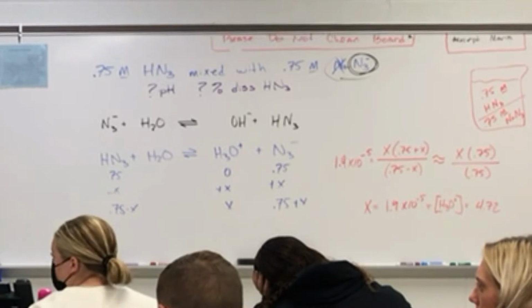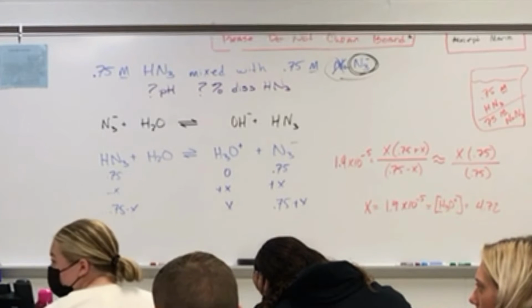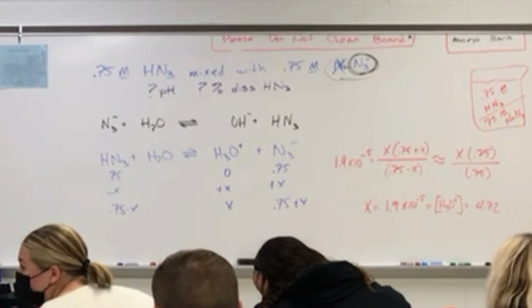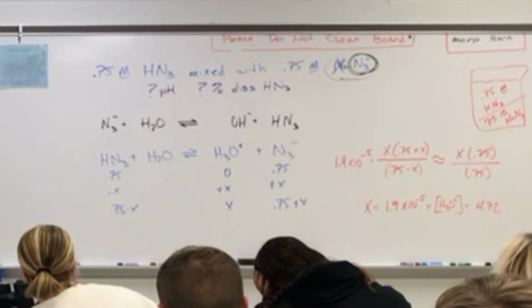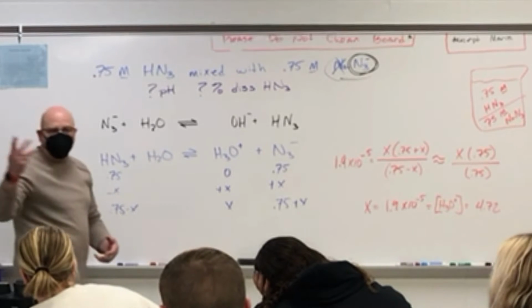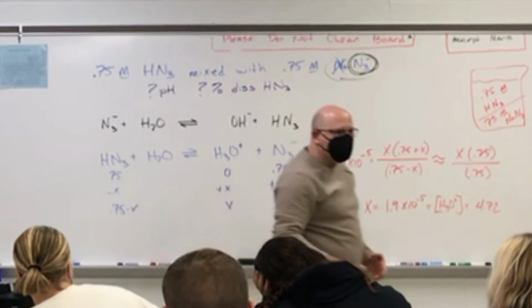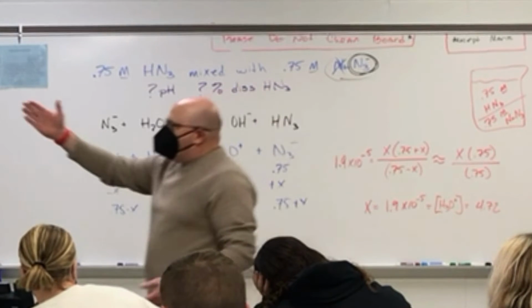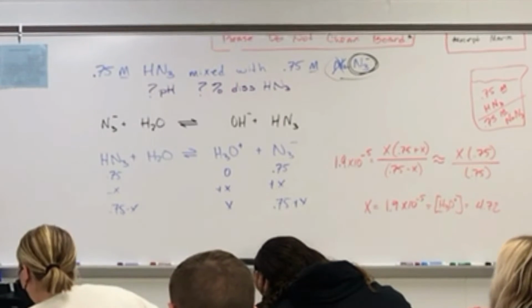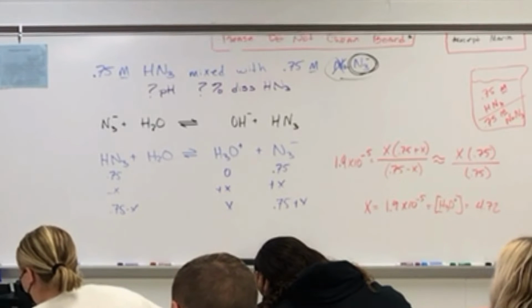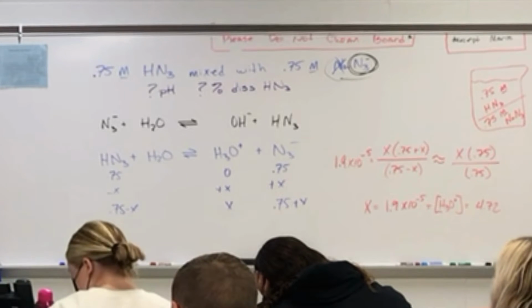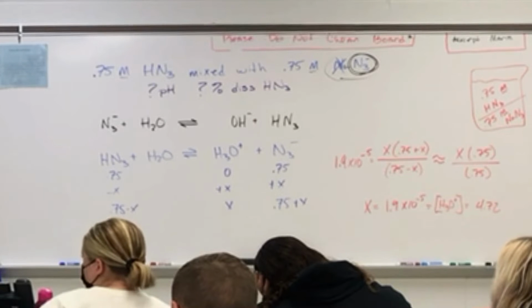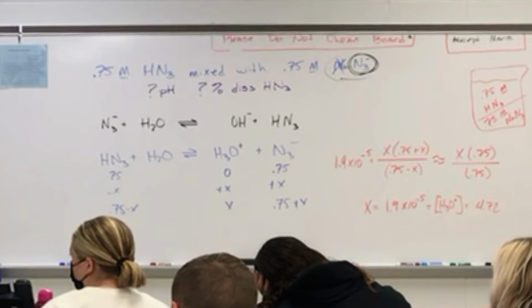Why did pH go up? There's a couple of ways of thinking. Andrew? You added a base, so it's less acidic. You added a base. So if I had this solution and I added azide, that's a base.